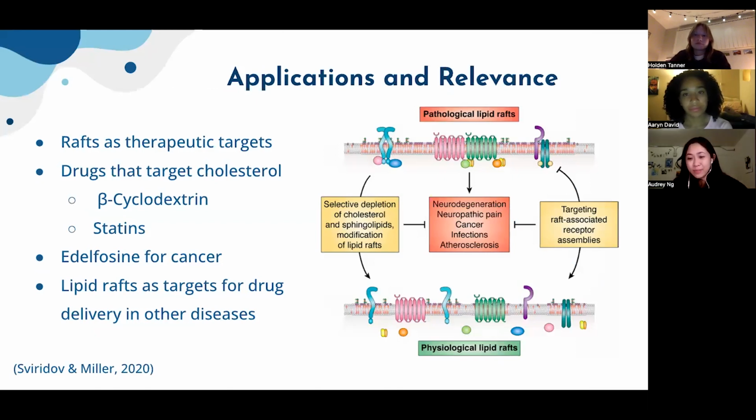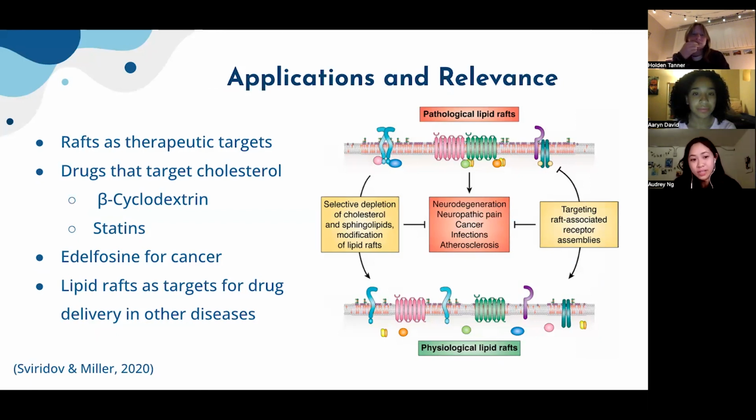So all of these things are pointing to very important applications and clinical relevance of lipid rafts because they could serve as therapeutic targets. So in the disorders that I just mentioned, oftentimes these are because there might be either too many lipid rafts or increased stability of the rafts, and therefore targeting the rafts and being able to disrupt their stability while still preserving most of the healthy functions could be potential mechanisms for treatment.